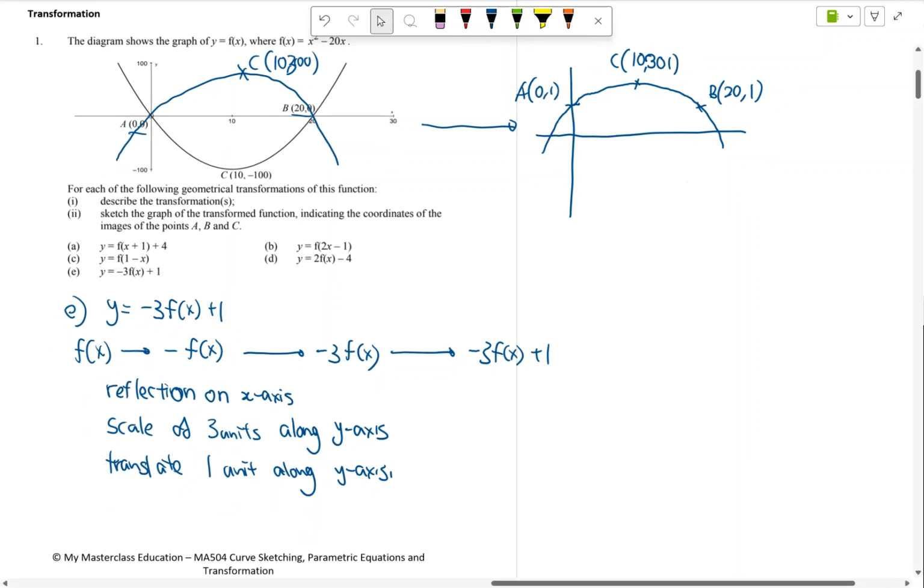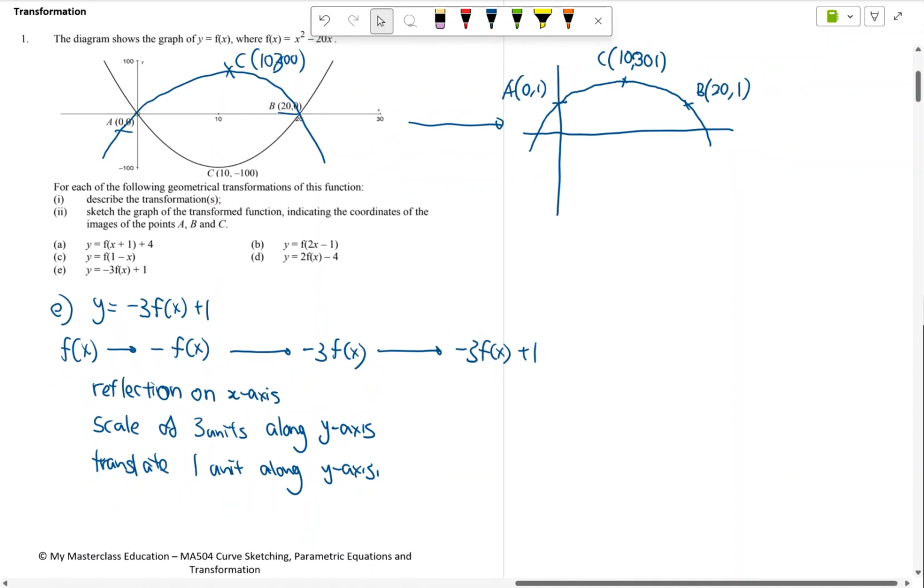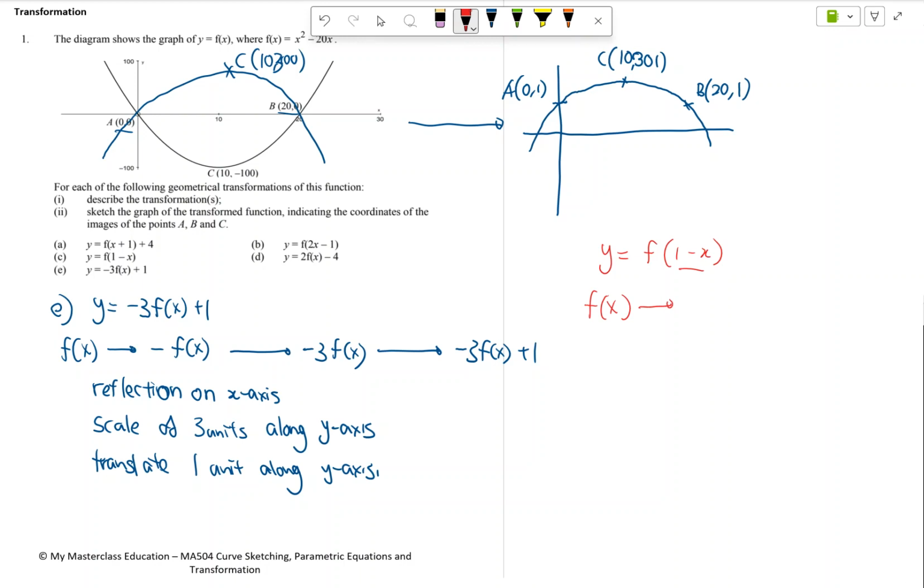Maybe I can do one more, which is talking about y = f(1 - x). I'm just going to use red. Again, this is doing it on the inside. So my starting point is y = f(x). I will translate first, x - 1.